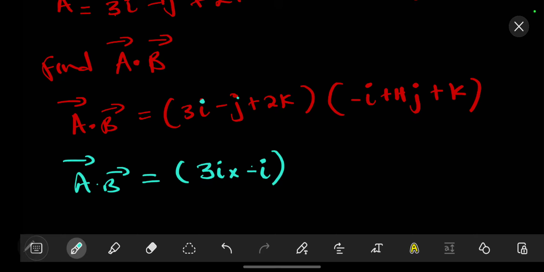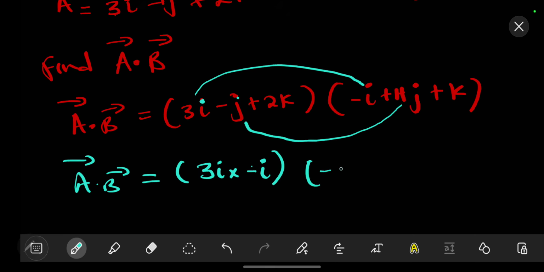You just multiply the one with I with the one with I, and the one with j with the one with j. So after that, we multiply the one with negative j, times the one with our 4j, like that. Then we close.